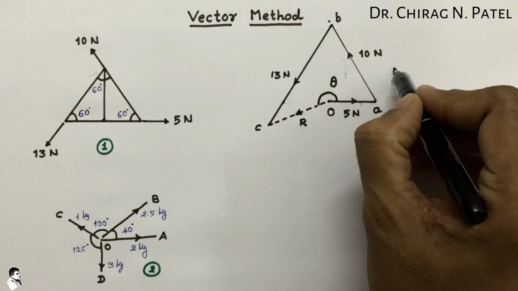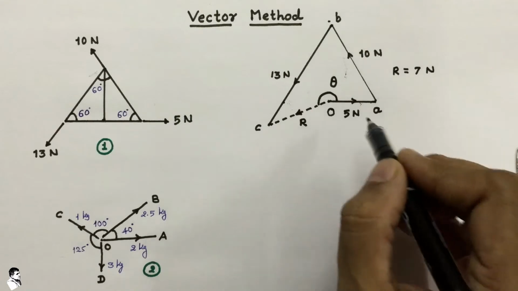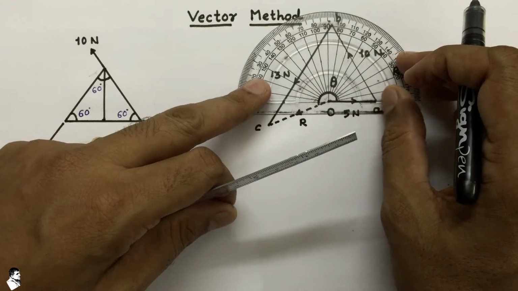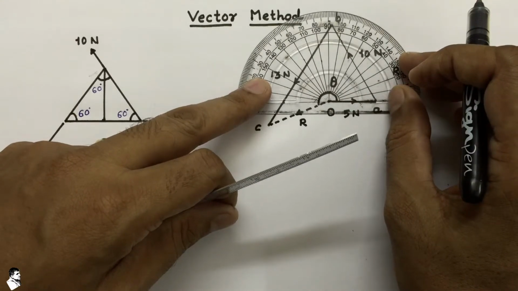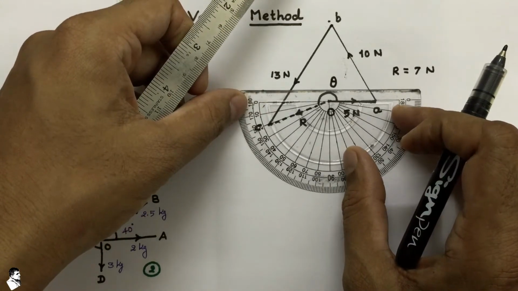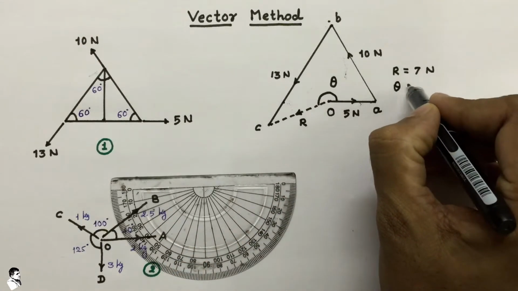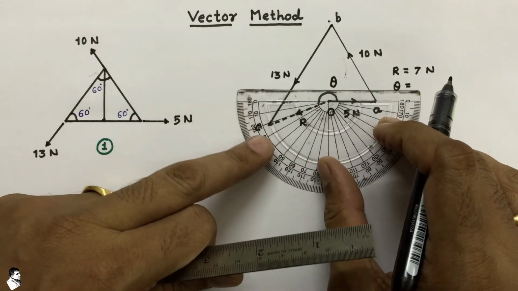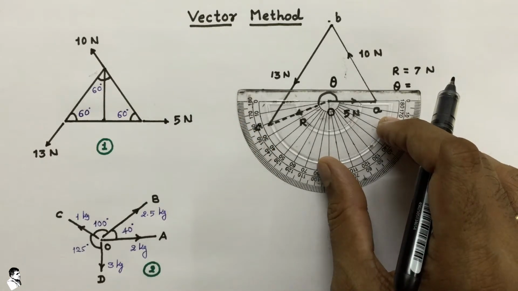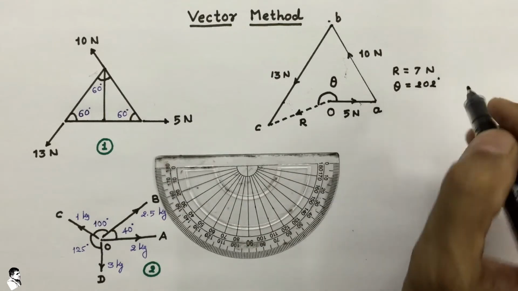So the resultant value equals 7 Newton, and if we measure the angle with the horizontal, the full angle is 180 plus this much, so theta is equal to 180 plus 22, that is a 202-degree angle.